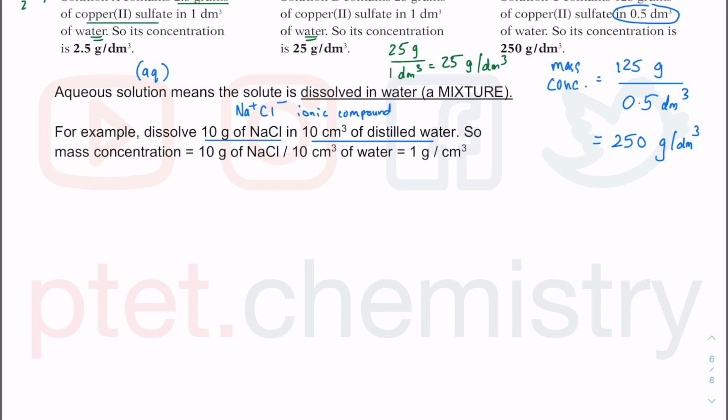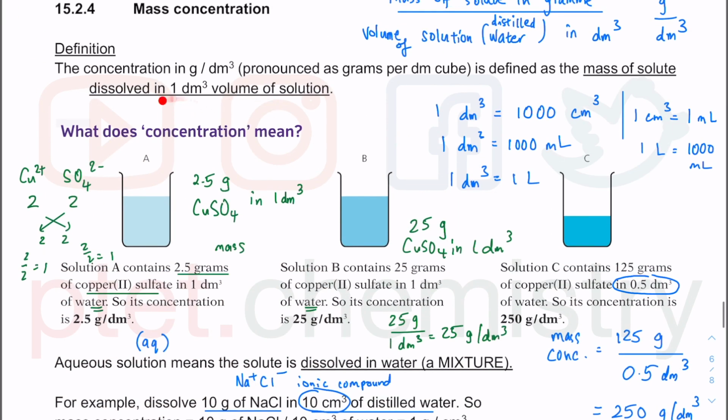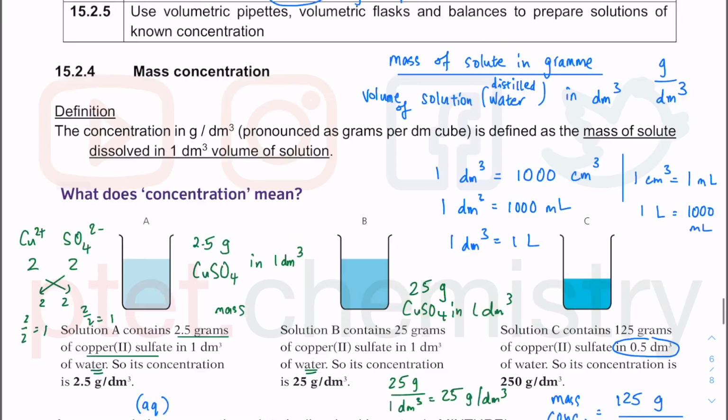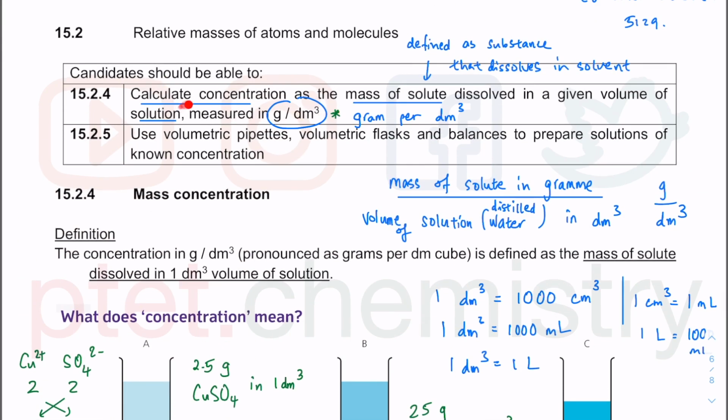The concentration is going to be the mass of the solute, gram, divided by the volume. This is not 1 dm cube, but you want the definition of concentration to be the mass of solute in 1 dm cube, as stated in the syllabus. Candidates should be able to do calculations in gram per dm cube.